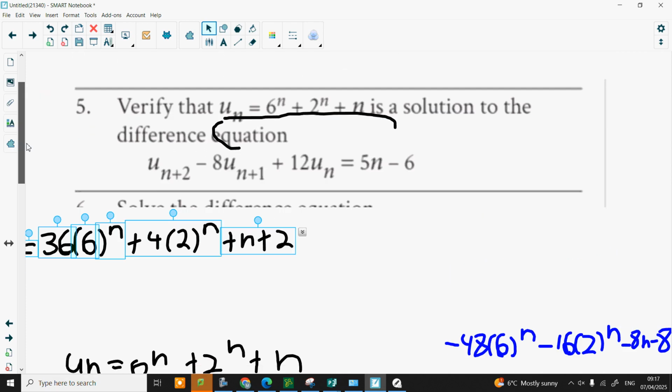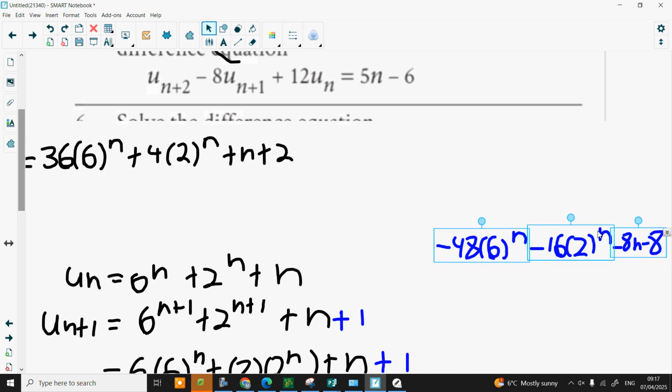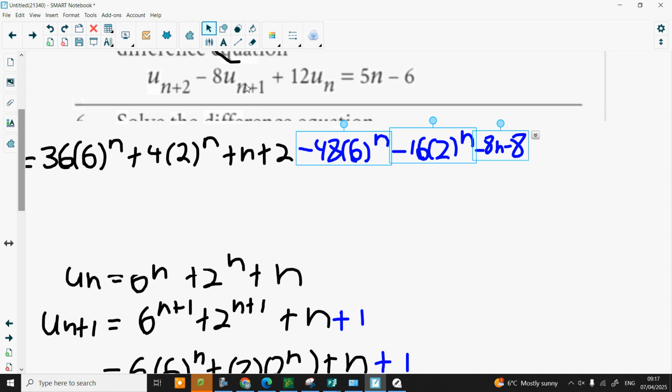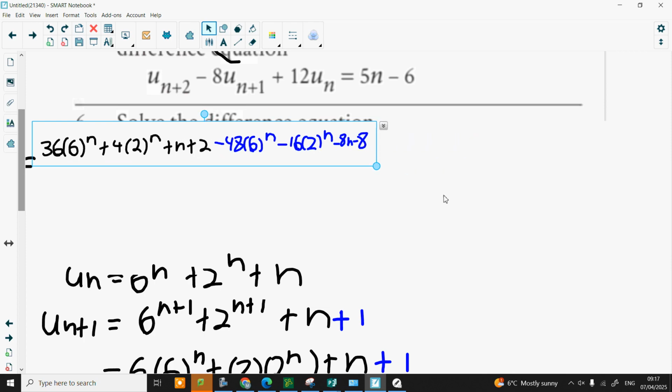All right, so that's your un plus 1, isn't it? So that's your un plus 2. This is your minus 8 times n plus 1, yeah? This whole thing is going to need to be grouped and shrunk. Okay, there we go. Okay, the 12 un.